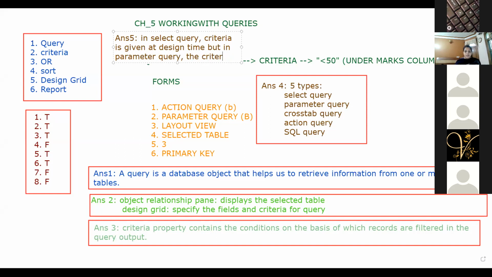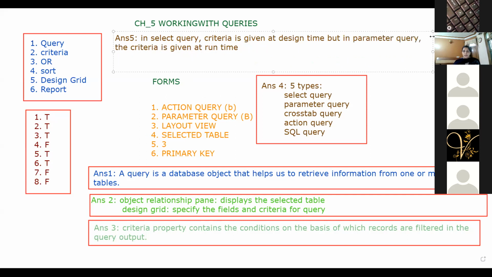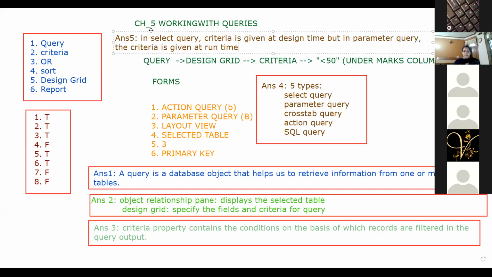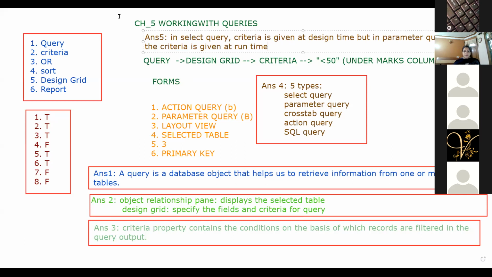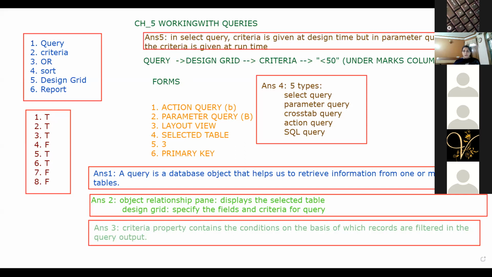At the time when input is taken from us, at the time of run. So the criteria is given at run time. Okay. Is the difference clear? Yes, ma'am. Any doubt?